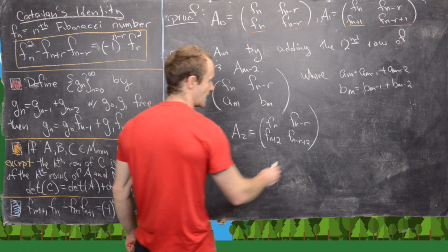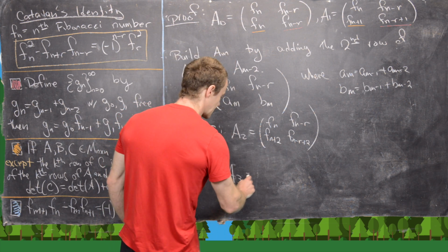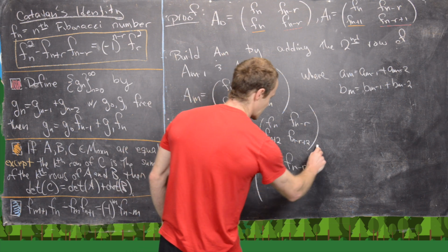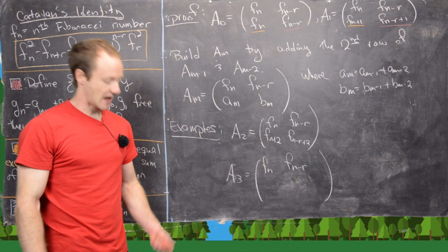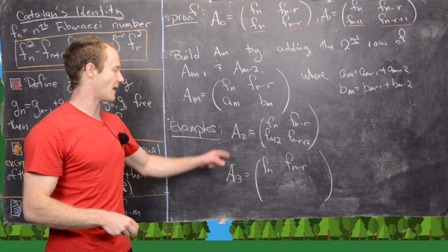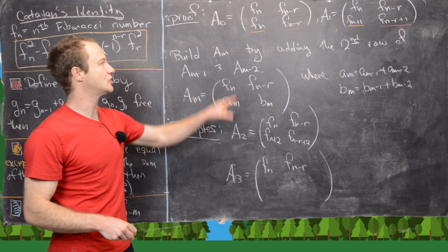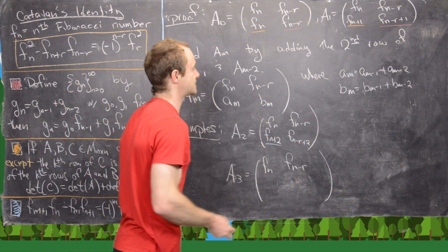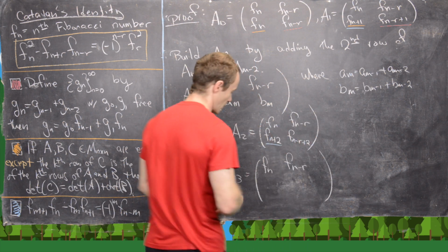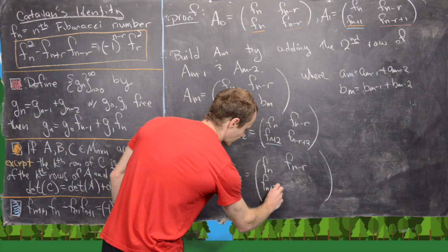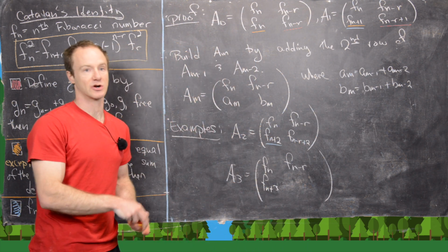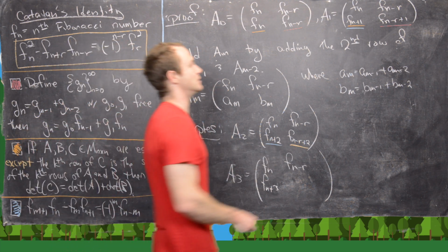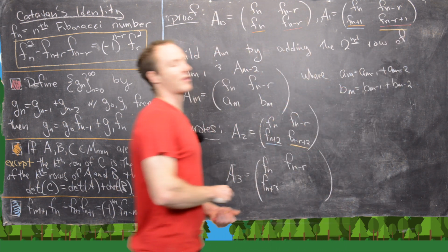Great. And then A_3 we can calculate similarly. So that first row is going to stay the same, F_n and F_{n-r}. And then the second row we'll get by adding the second row of A_2 with the second row of A_1. So we'll have F_{n+2} plus F_{n+1}. So that's going to be F_{n+3}, again by the Fibonacci recursion. And then finally, we'll have F_{n-r+2} and F_{n-r+1}.